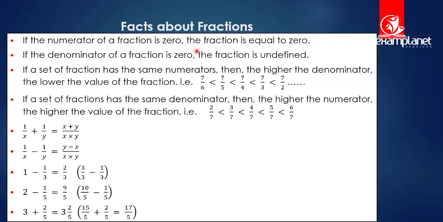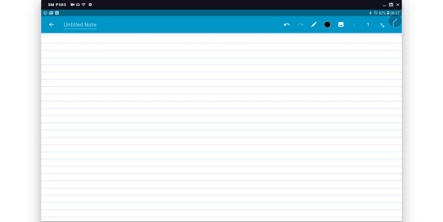Now number 2: if the denominator of a fraction is 0, the fraction is undefined. That is, anything divided by 0 has no solution. So, for example, 5 divided by 0 is undefined.